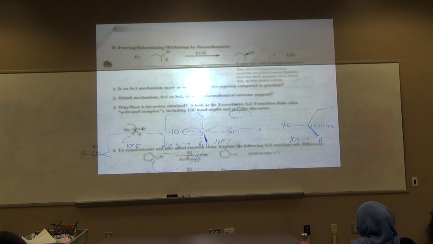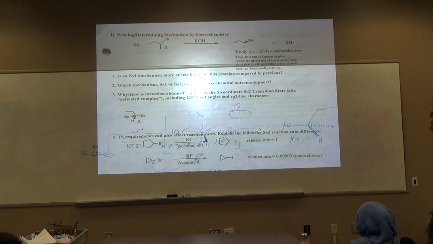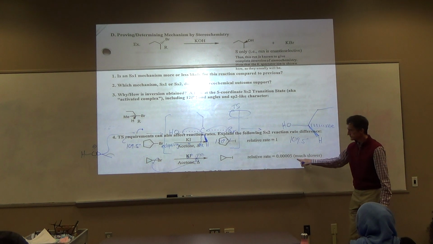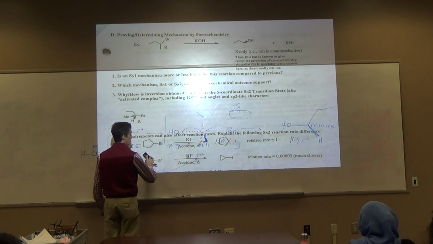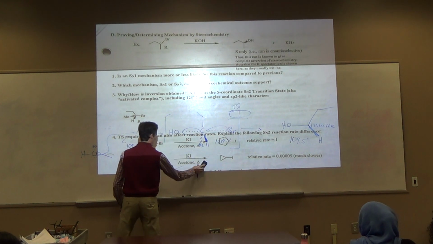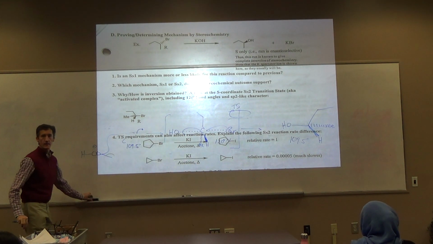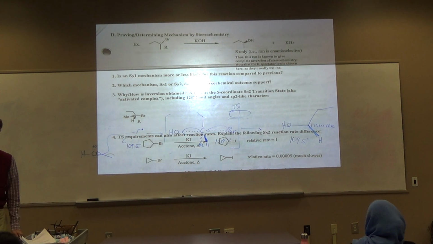But if you try to do this on the smaller ring, the rate becomes much slower. Why? Why would that affect the rate?